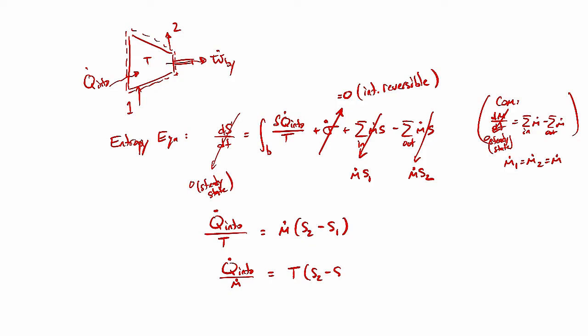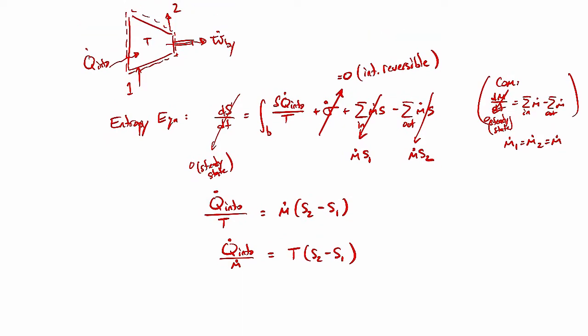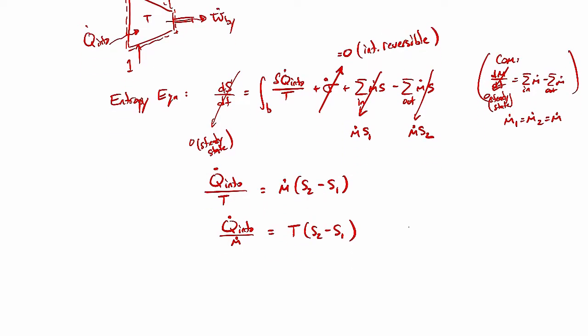All right, so now I need to figure out what each of those terms corresponds to. For the temperature, we're told that the process is occurring isothermally at 500 K, so we're going to assume that that's the temperature right at the boundary here. I'll make a note of that, where T is equal to 500 Kelvin.